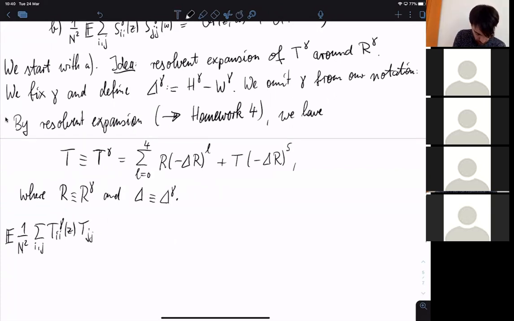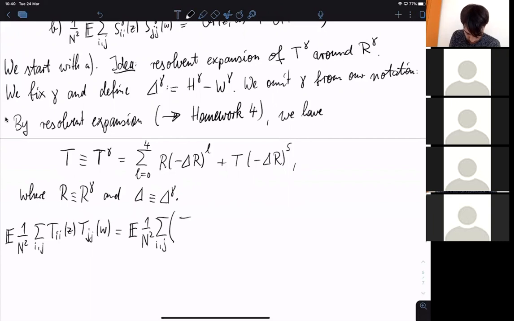Now the gamma is back. I can now write this as the expectation, and each of these T's I will replace by this expression. Now I have to evaluate everything in an entry, so here I have still this sum over i and j.